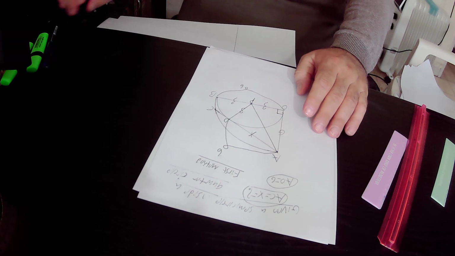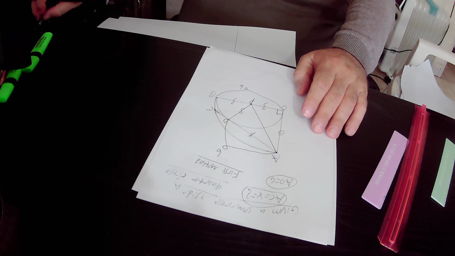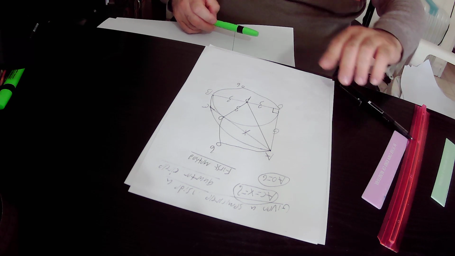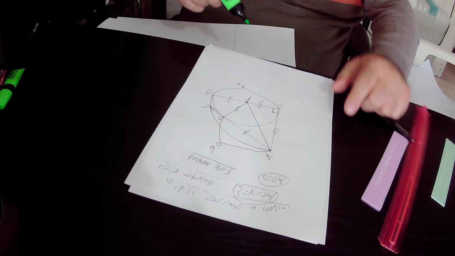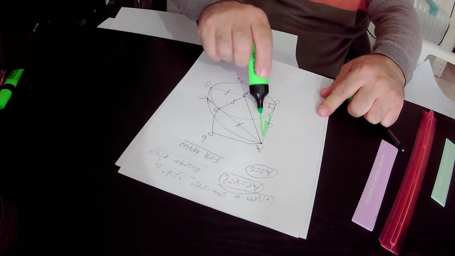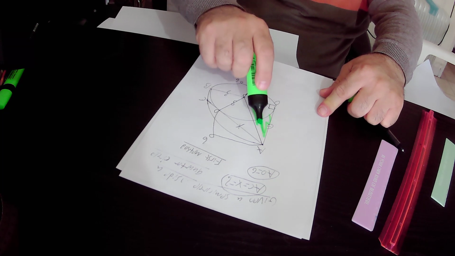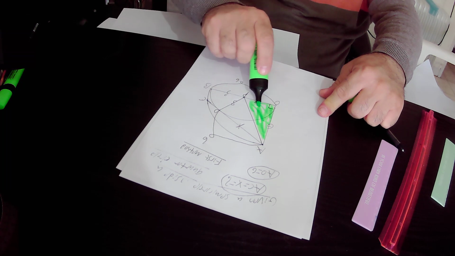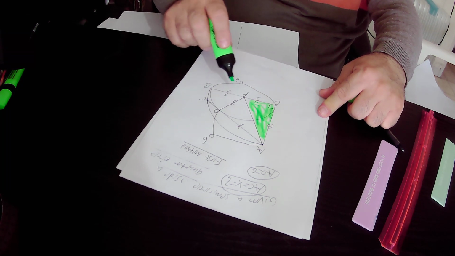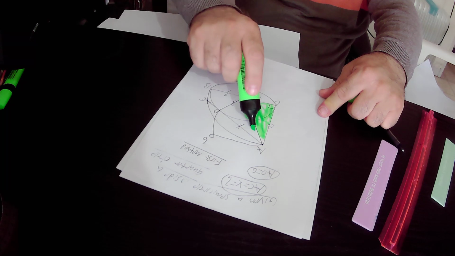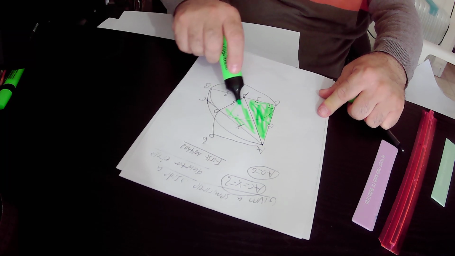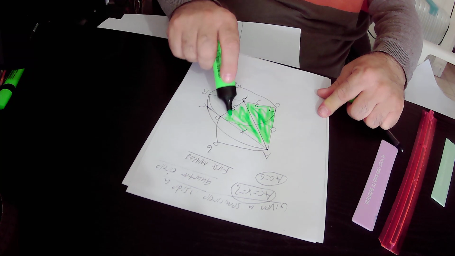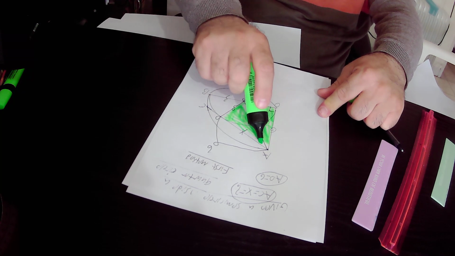In the next step, we will prove that the right triangle AOP, this right green triangle, is congruent to the right triangle APD. Those two right triangles are congruent to each other according to the side rule.